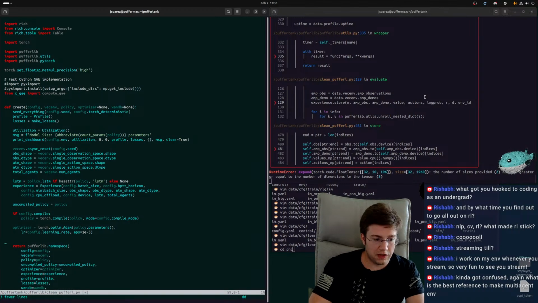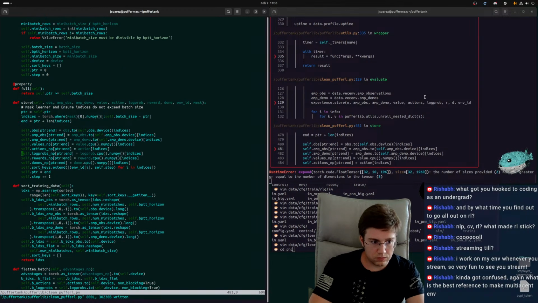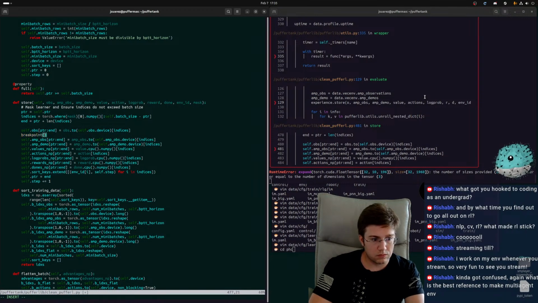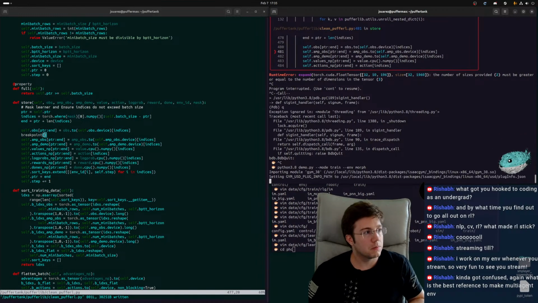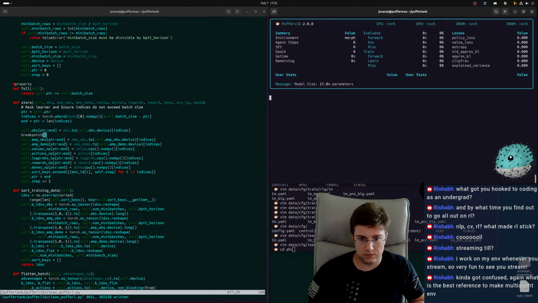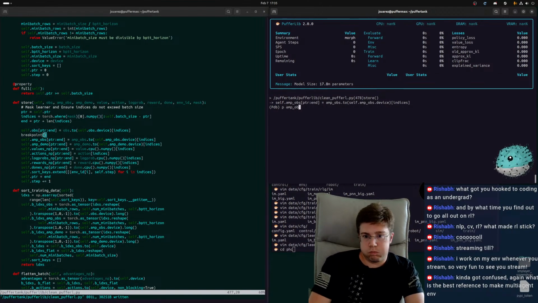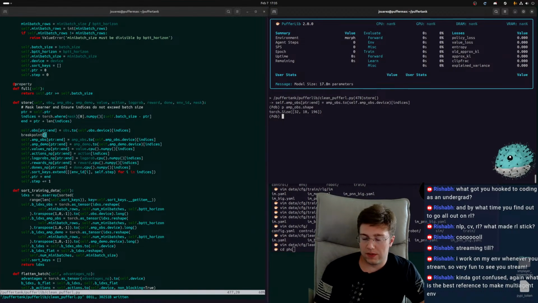The nice thing is this doesn't use fetch at all in the clean PufferL file. Oh wait, this is sequence data?